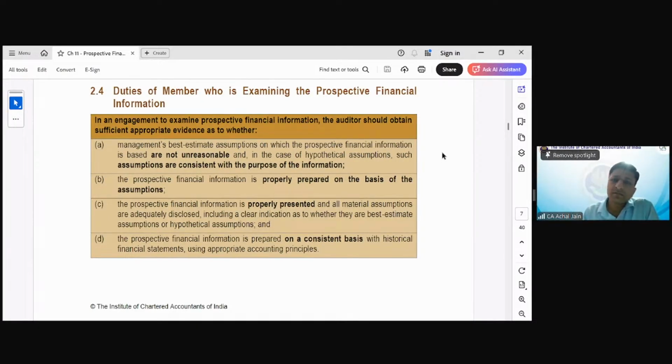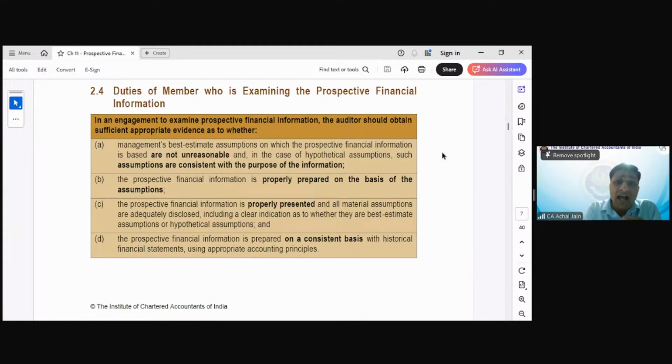How the assumptions and the estimation are taken. Very good. So the most important part for the one who is going to check this will of course be the numbers, and of course a lot of other procedures. So the planning, risk assessment, all of these things will also be done.